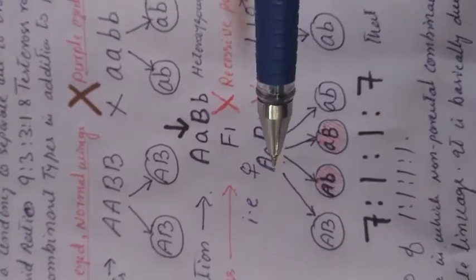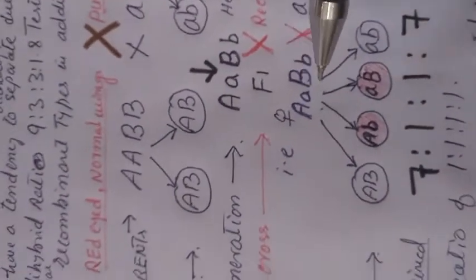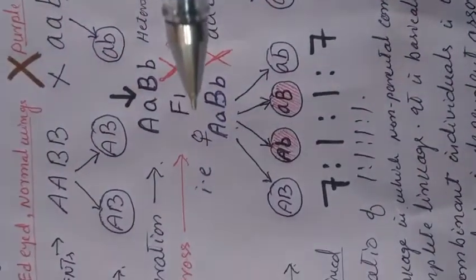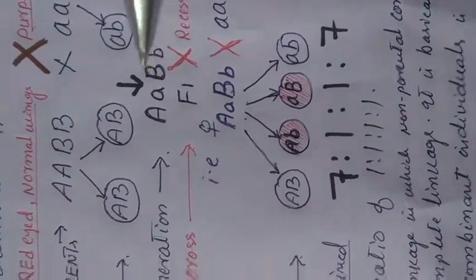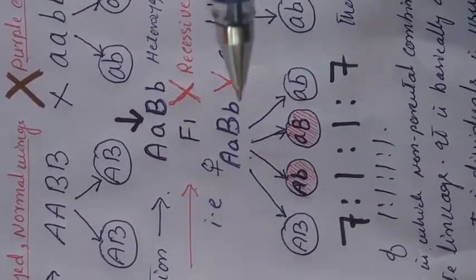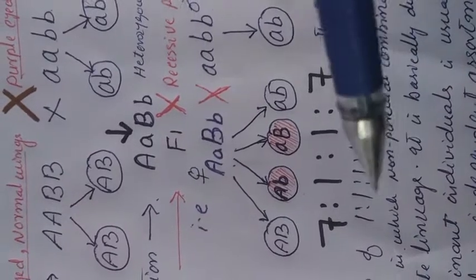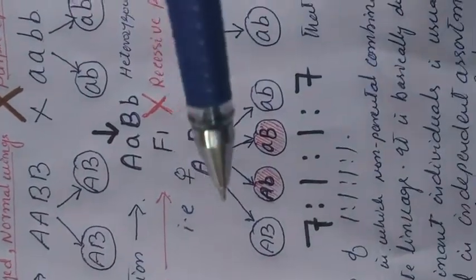The number of recombinant individuals is usually less than the number expected in independent assortment, and the frequency of the parental form is much higher, that is 87.4%, than the recombinant, which accounts for only 12.6%.